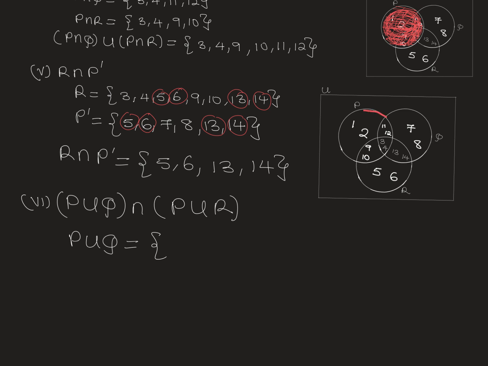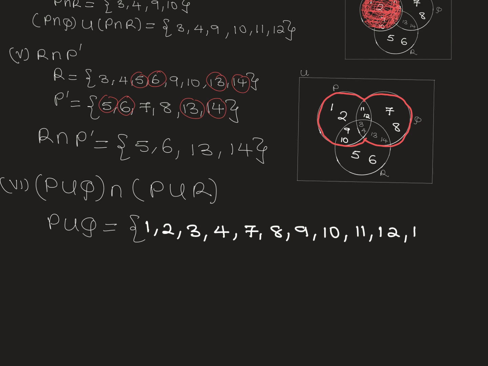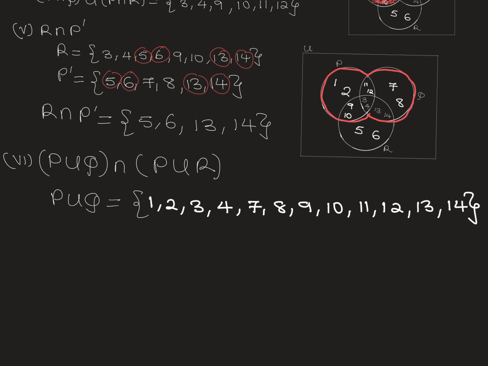For P union Q, you have to unite set P and set Q. That is it. So that is going to be 1, 2, 3, 4, 7, 8, 9, 10, 11, 12, 13, and 14. Right? That is P union Q.